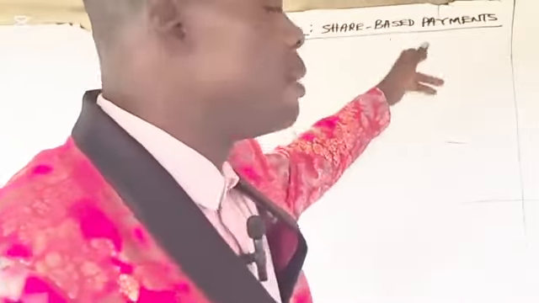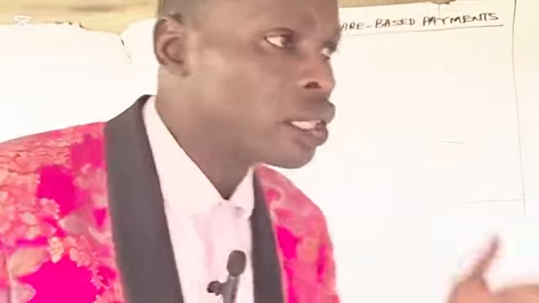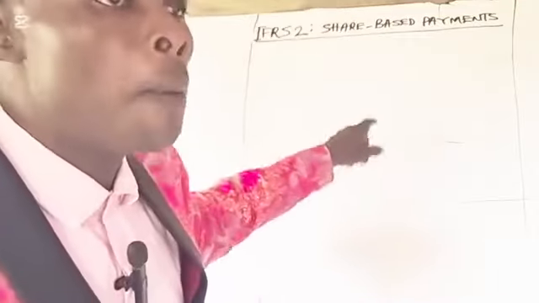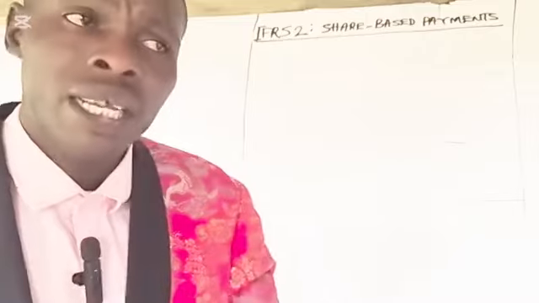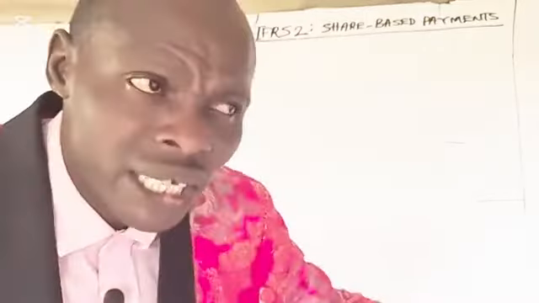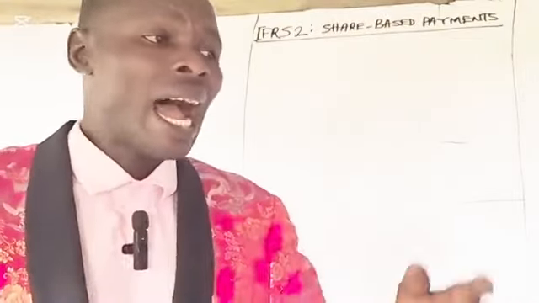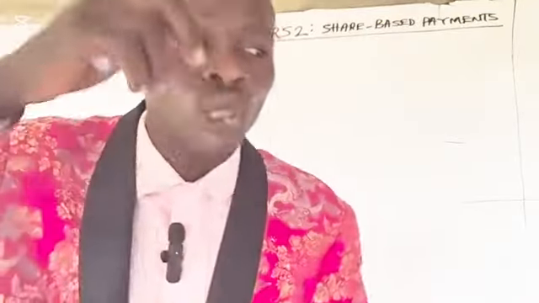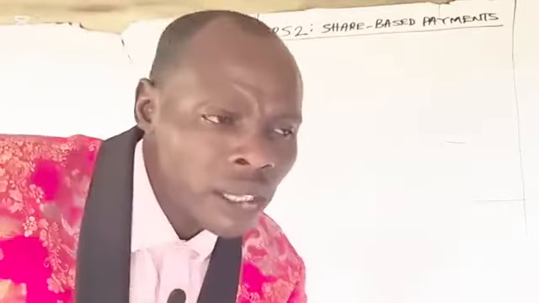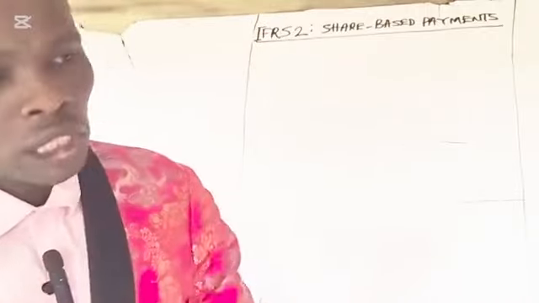A share-based payment transaction is a transaction in which an entity receives goods or services as consideration for equity instruments of the entity, or a transaction in which an entity receives goods or services from a supplier by incurring a liability to the supplier for an amount that is based on the entity's share price.